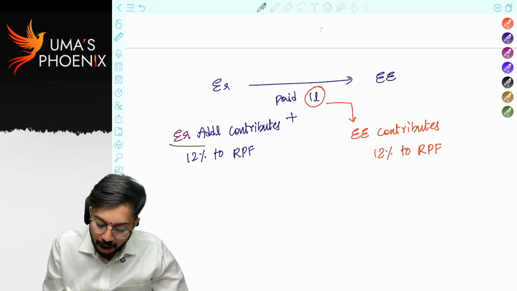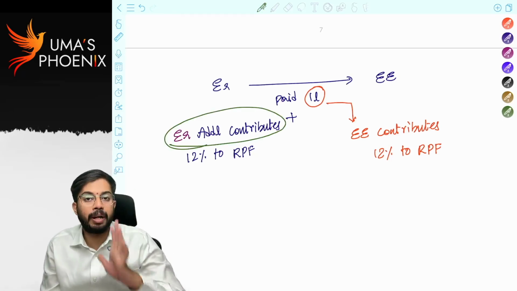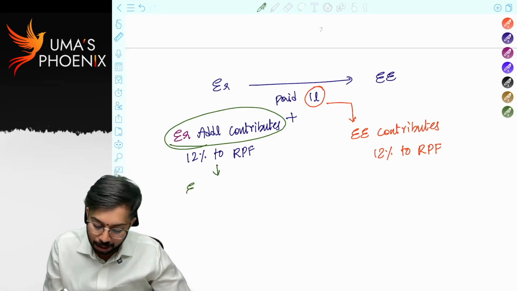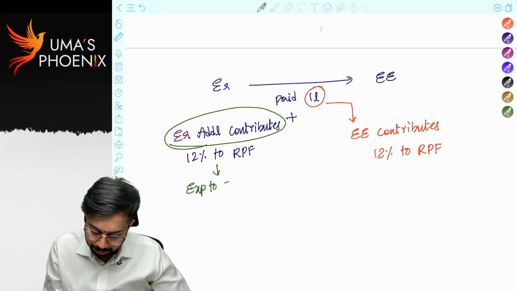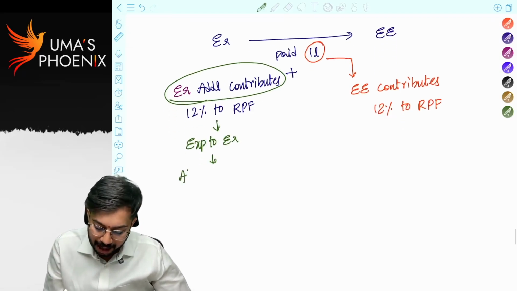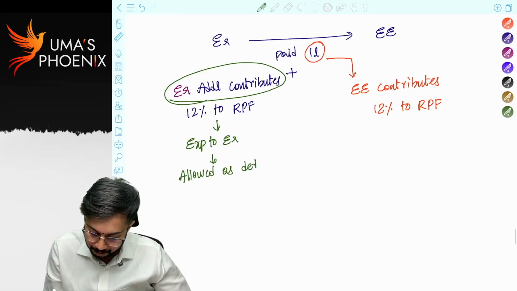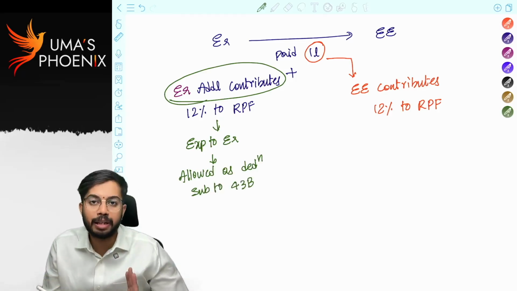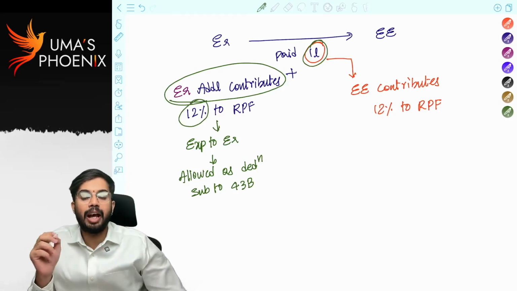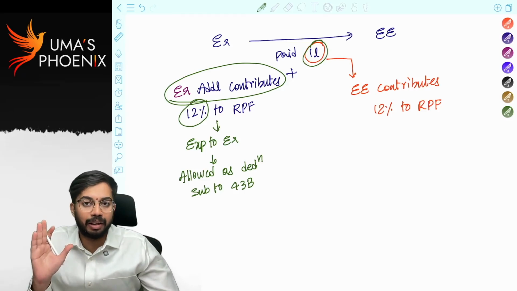Whatever the employer's additional contribution of 12% to recognized provident fund is, it is expenditure to the employer. And this expenditure is allowed as deduction subject to 43B. Total expenditure to the employer is 1 lakh rupees plus 12,000, so 1 lakh 12,000.